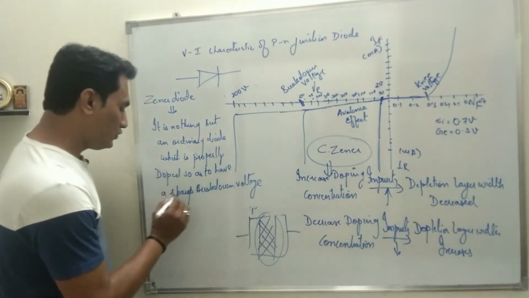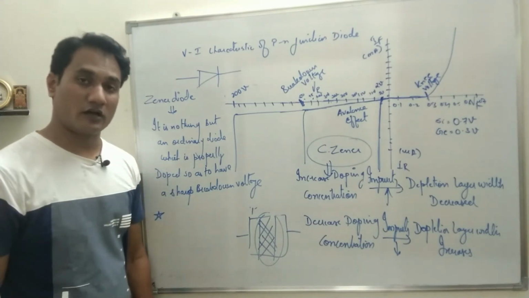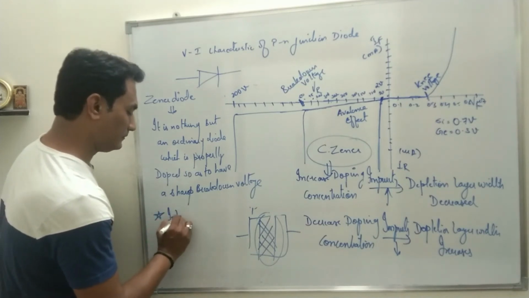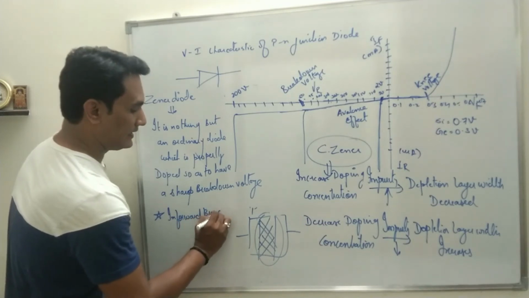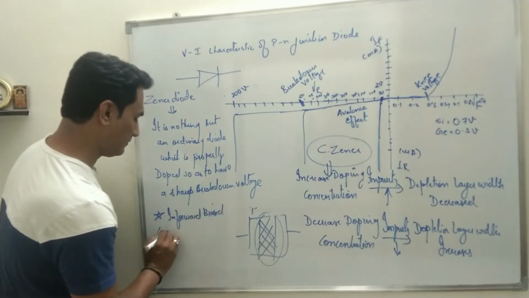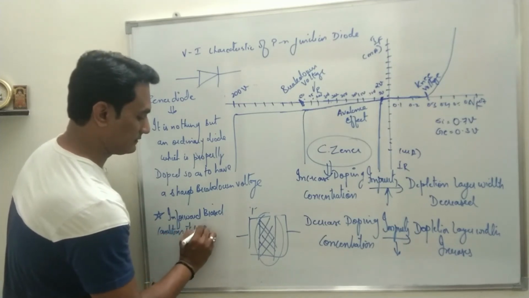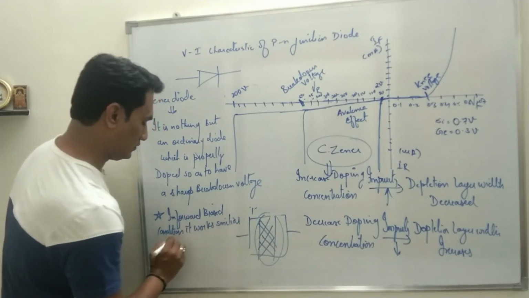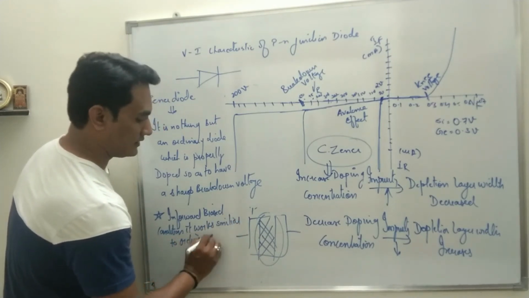Okay, two important points which have to be remembered for a Zener diode: in forward biased condition, it works similar to an ordinary diode.